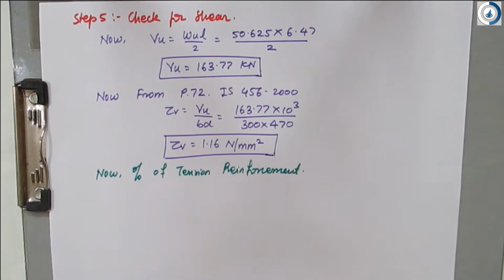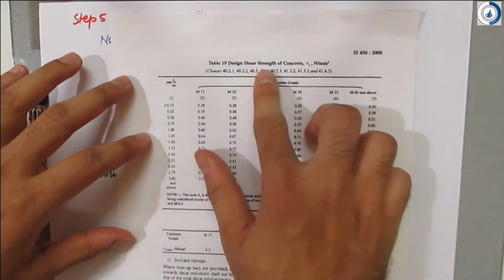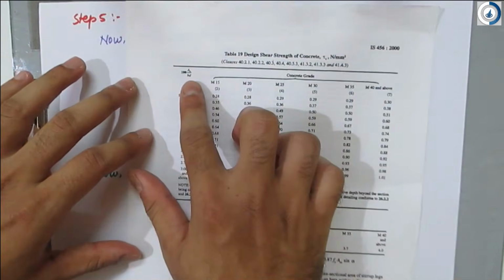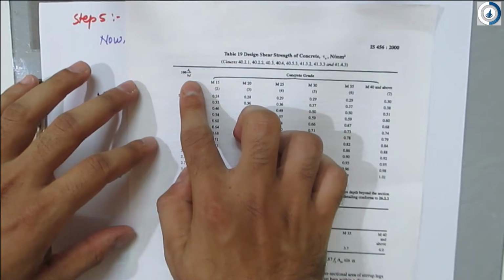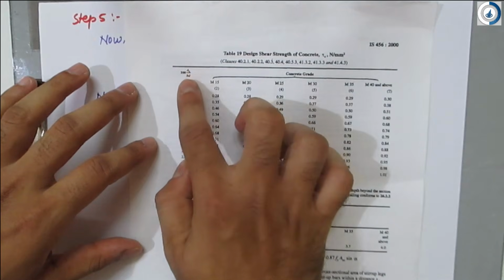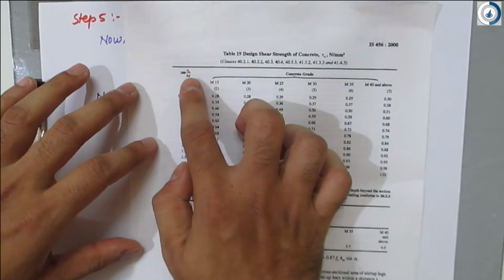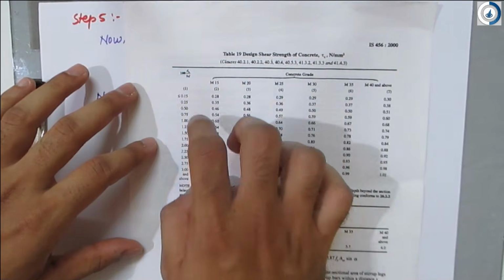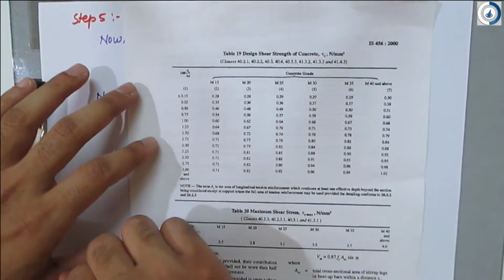Why is this required? Because you now have to calculate the shear strength of concrete, and for that the percentage of tensile reinforcement is required. That is nothing but AST by BD into 100. You will be getting the percentage of tension reinforcement.